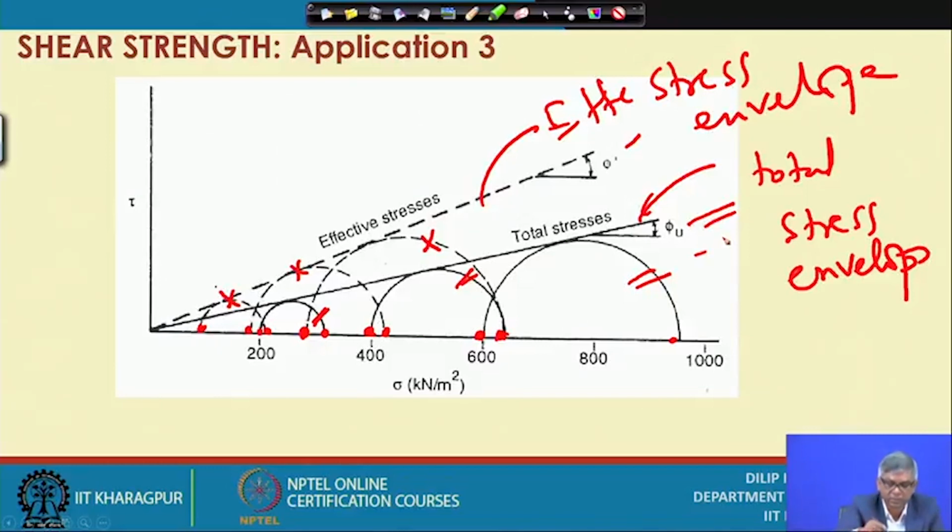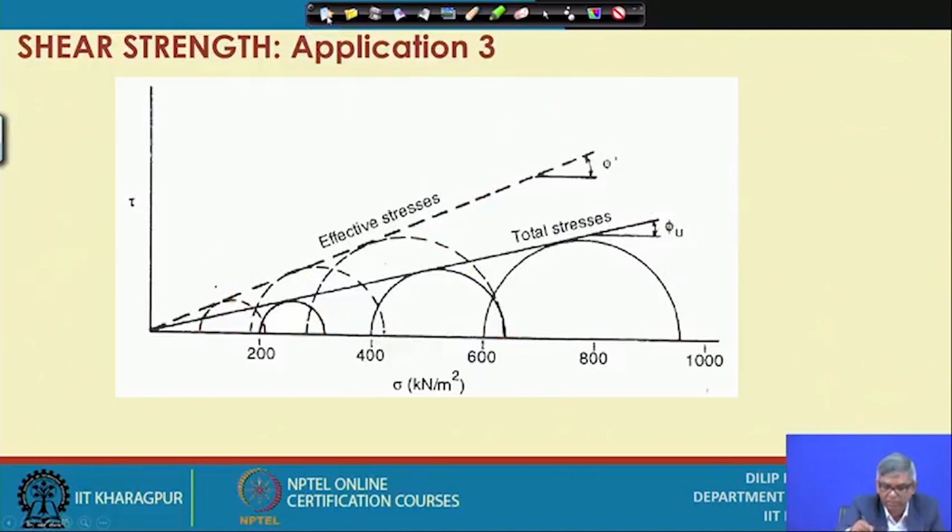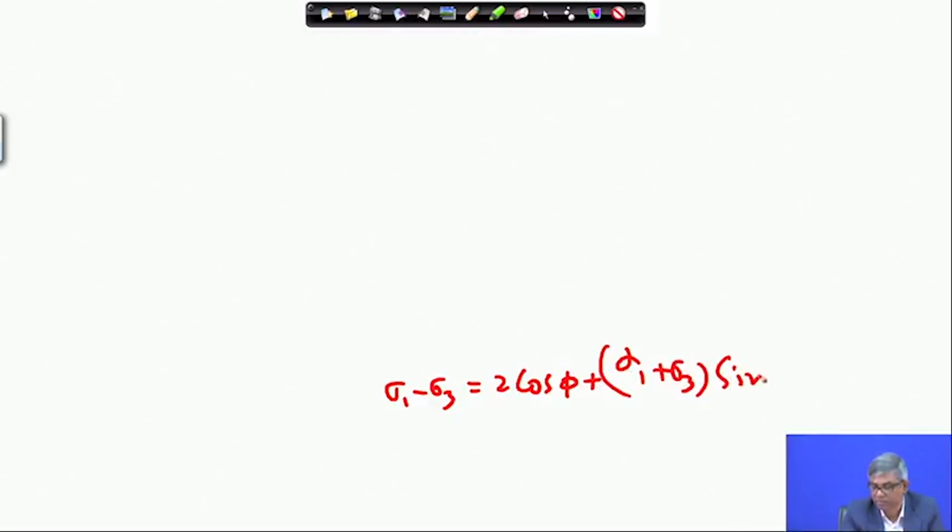For example, we will get sigma 1 minus sigma 3 equal to 2 c cos phi plus (sigma 1 plus sigma 3) sin phi.